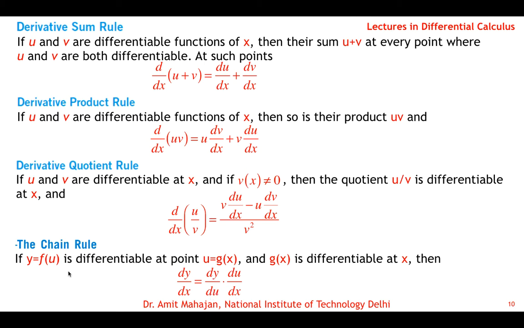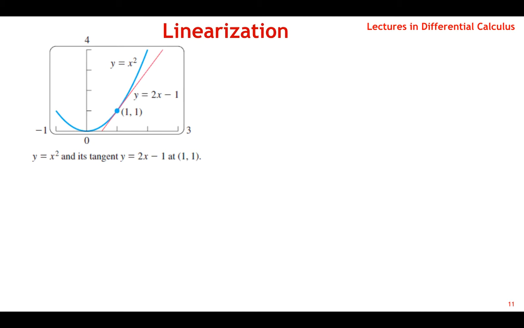So if y is a function of u and u is a function of x, then we can calculate the derivative of y with respect to x as the derivative of y with respect to u times the derivative of u with respect to x. So these are some of the rules which we can use without calculating the limits each time, and we can calculate derivatives of functions.